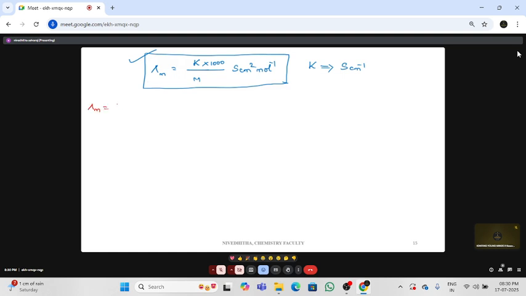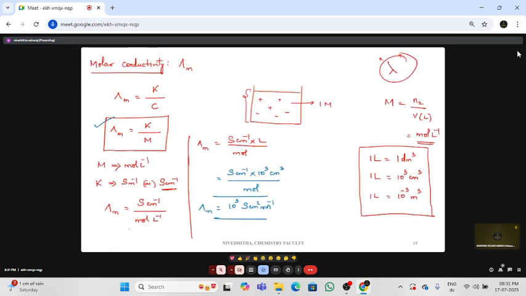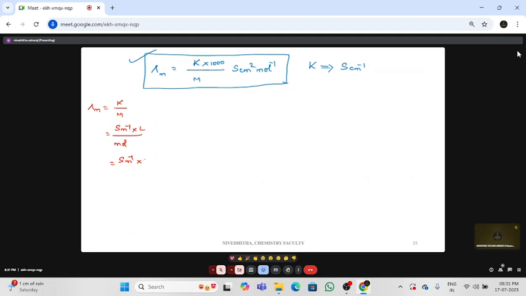Lambda m is equal to kappa divided by molarity, and now the unit of kappa is Siemens meter inverse and the unit of molarity is mole per liter. I'm going to bring the liter to the numerator. What is the relationship between liter and meter? 10 power minus 3 meter cube. Very good. So 10 power minus 3 meter cube divided by mole.